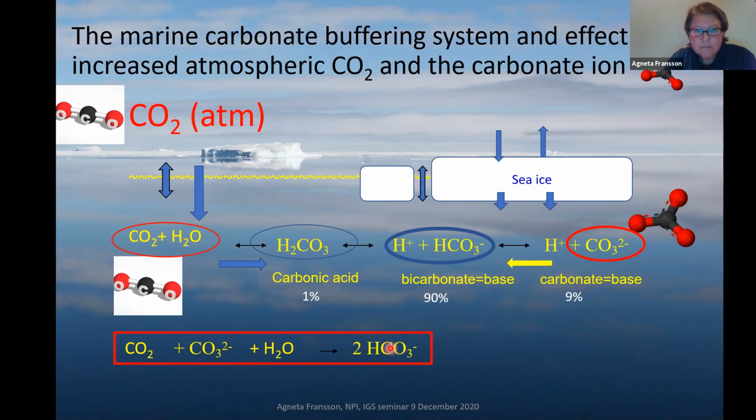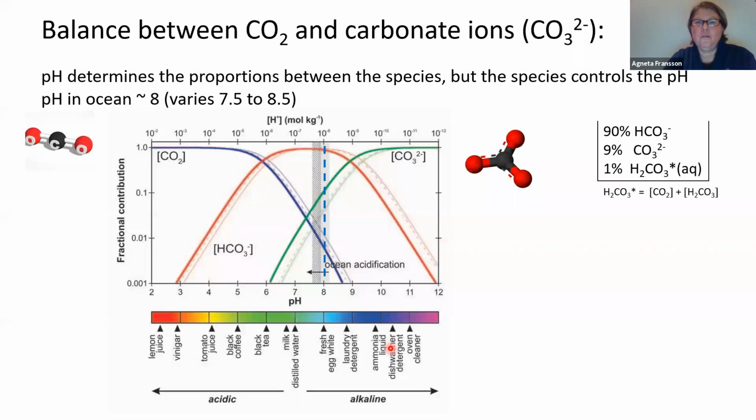This also illustrates the carbonate chemistry, which is the balance between carbonate, CO2 and carbonate ions. It's the pH that determines the proportions between the species, but also the species that control the pH. So it's like the hen and the egg a little bit.